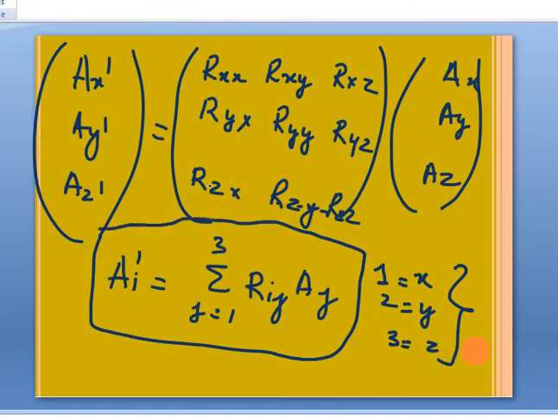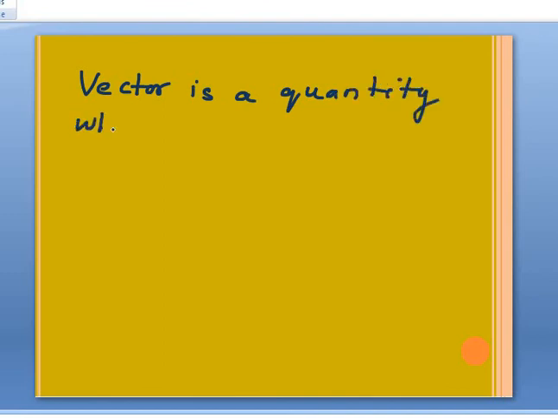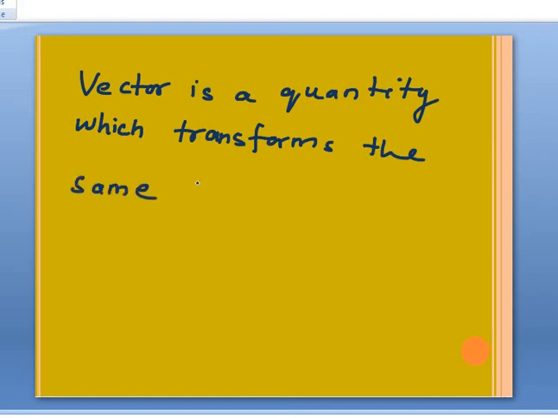So, vector transformation, and here we come across a new definition of a vector: a vector is a quantity which transforms the same way as the coordinates.